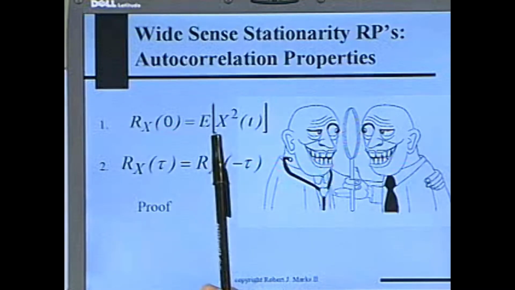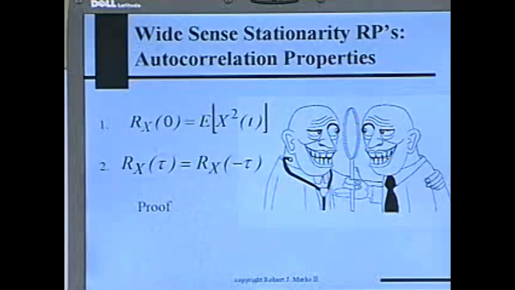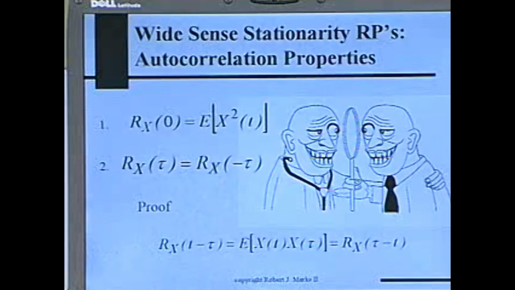So it must always be positive at the origin. It must always be an even function. Let's show that. It's actually really easy to do. If we look at r sub x of t minus tau, we get this. Well, that's exactly the same as if we switch around t and tau. Because x of t and x of tau are commutative, and we can flip them around, that means that it's also a tau minus t. So therefore, it is an even function, and we established that almost in a trivial sort of derivation. So that's one of the properties.